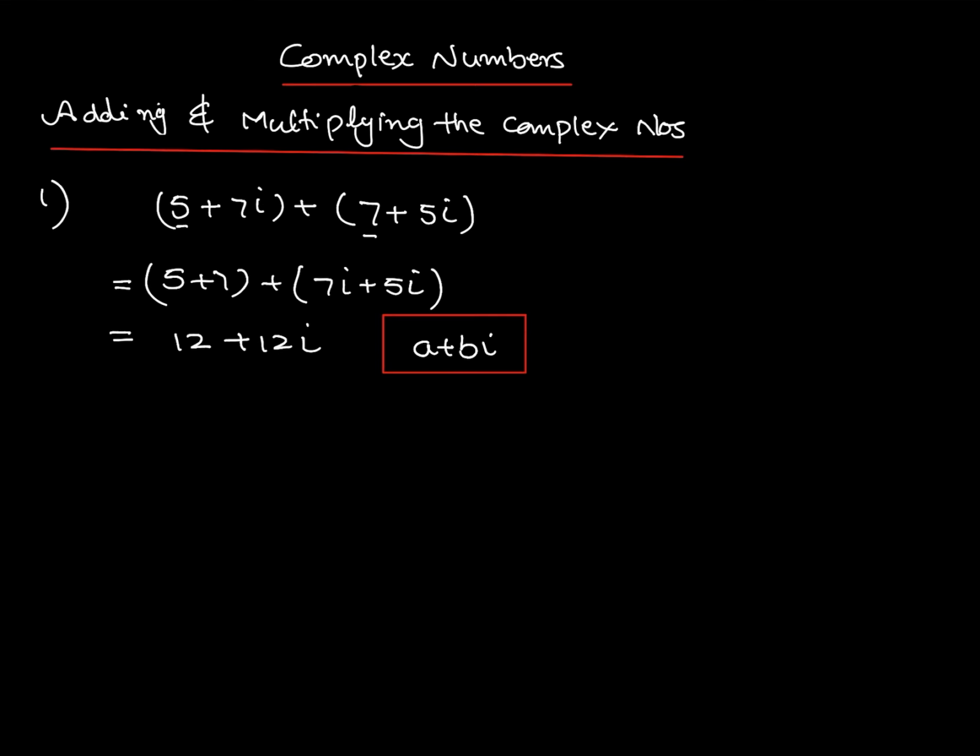Another example is how to multiply the complex numbers. The example I am taking here, 5 plus 6i multiplied by 1 plus 2i.